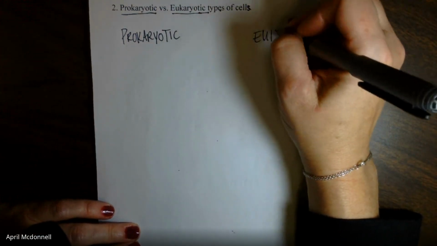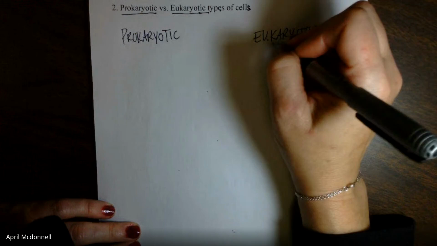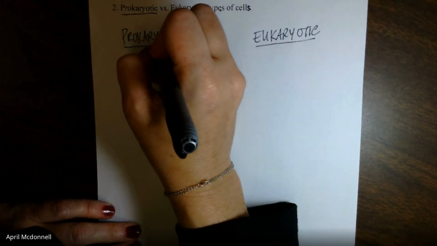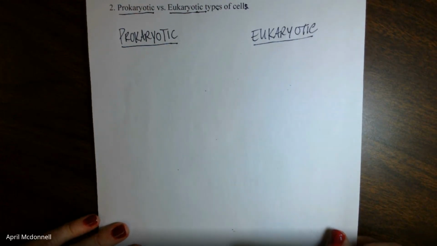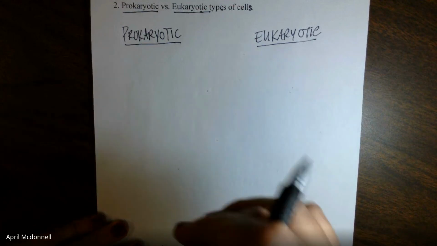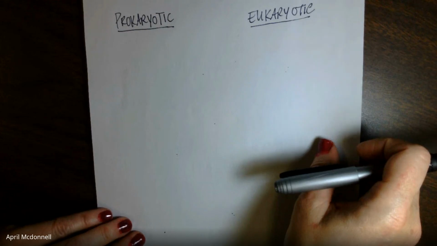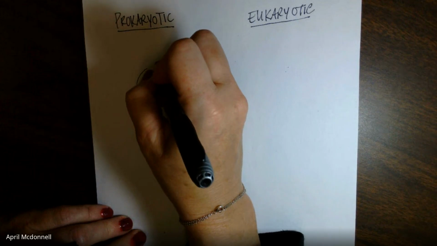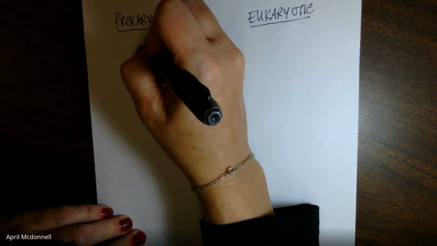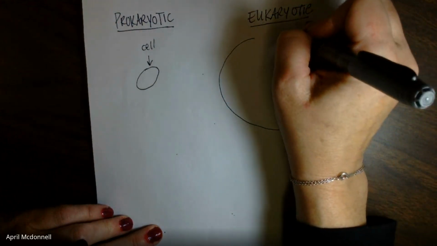We are going to make a drawing of a prokaryotic cell and a eukaryotic cell so that we can compare similarities and differences. I'm now drawing the cells.